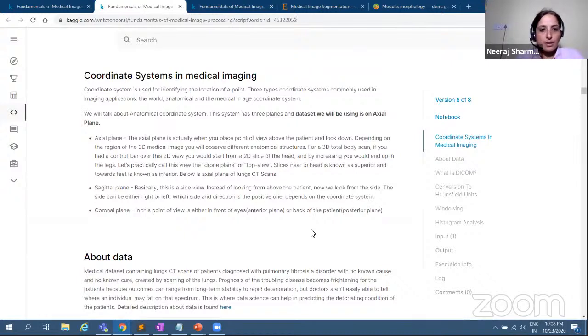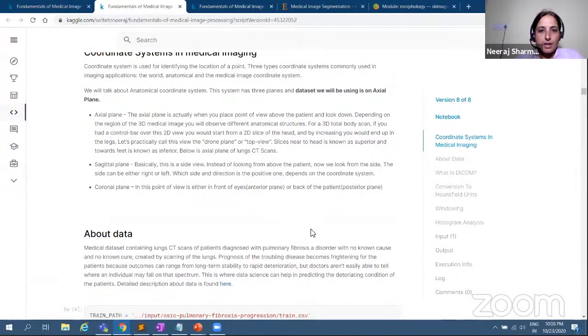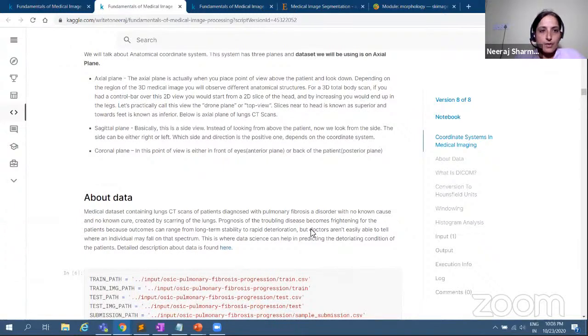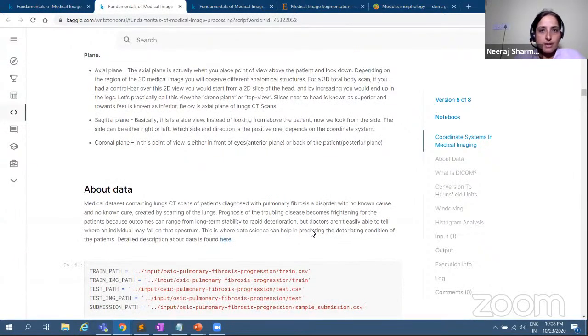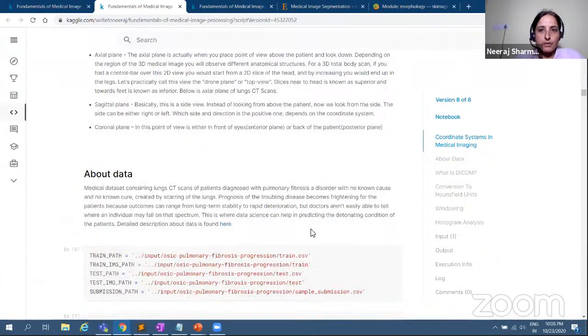Then the coronal plane is when the patient is sitting in front of the device and the images go from the front, the eyes, towards the back of the head. For this particular data set, the images are available in the axial plane, so we will just deal with the axial plane data.